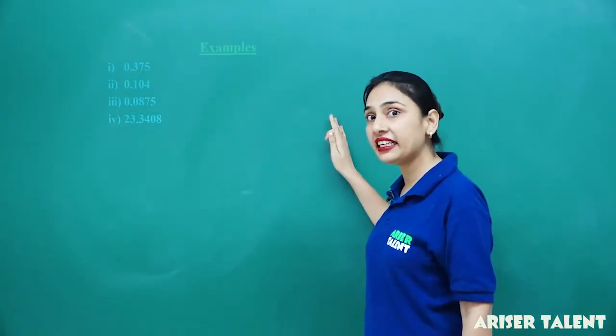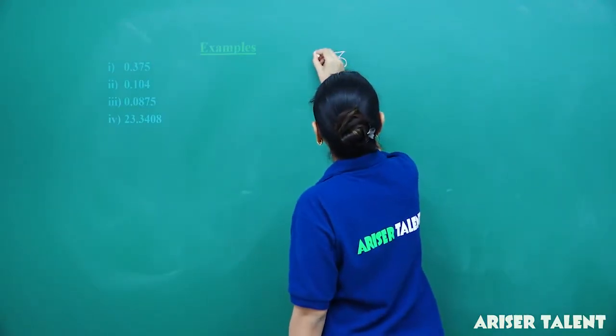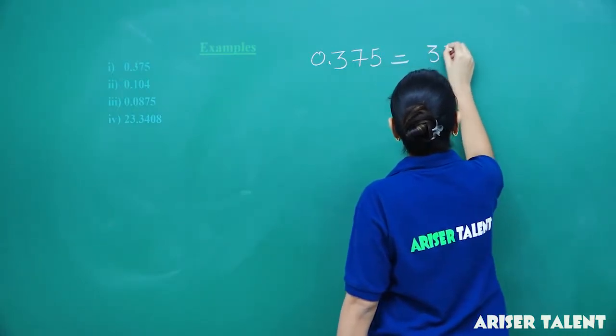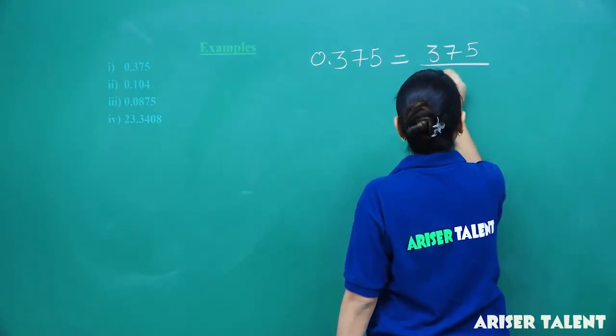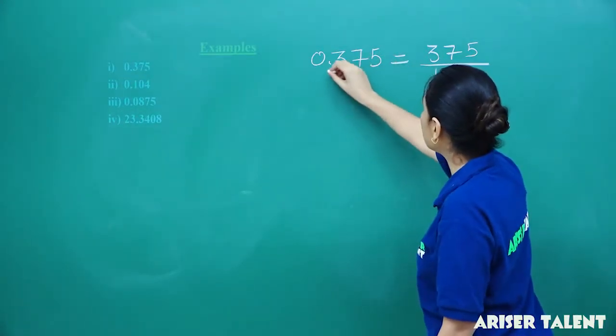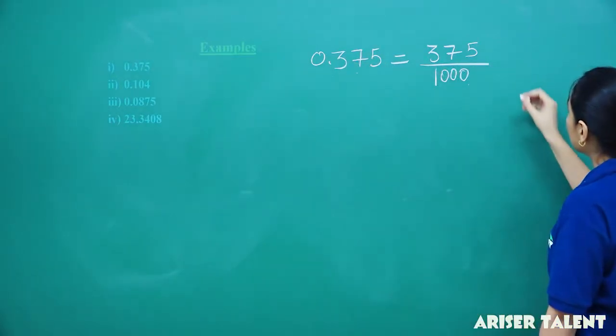Now we will write them in p by q form. Let's write 0.375, that will be equal to 375 upon 1000, because the decimal is before 3 places. So we will write 3 zeros here.